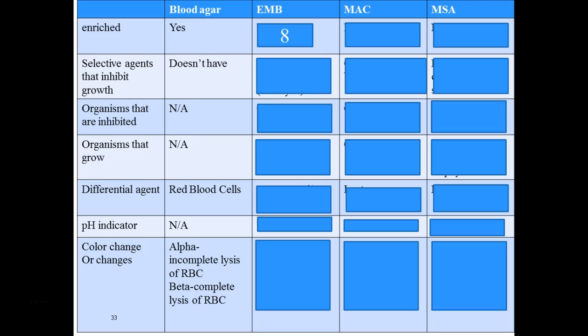So is it an enriched media? Eosin methylene blue? No. Does it have selective agents, though? Yeah, what are they? The two dyes, right? Eosin and methylene blue.